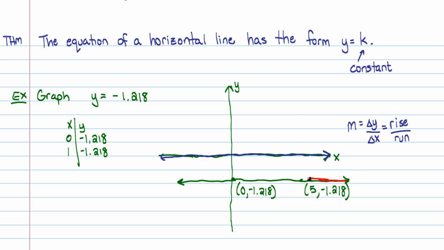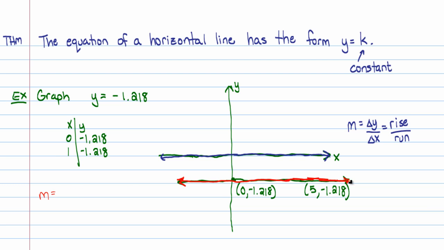This red line here is actually the horizontal line, and we have a couple points on that horizontal line that we already have indicated. So let's use those points to calculate the slope of this line. Some people probably already know what the slope is going to be, if you consider that the slope of a line pretty much indicates the steepness of the line, and this line has no steepness at all, so we would expect something pretty trivial for the slope here.